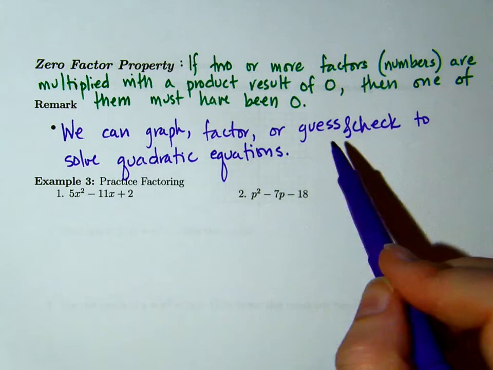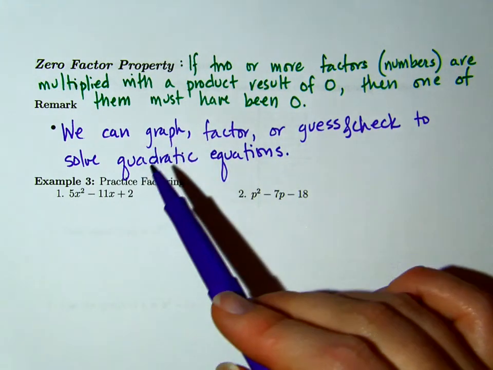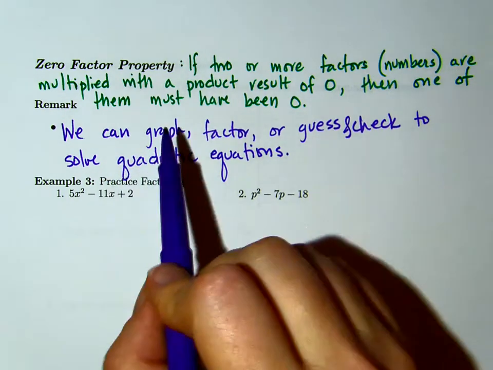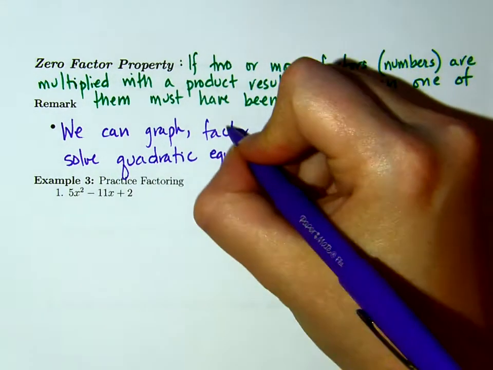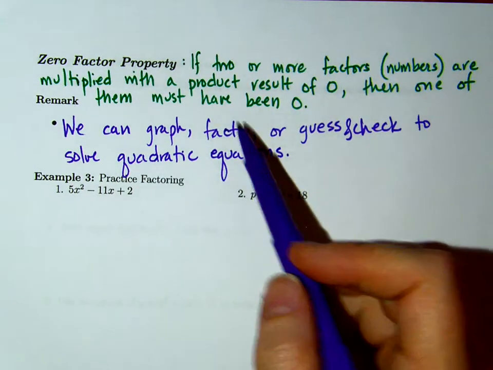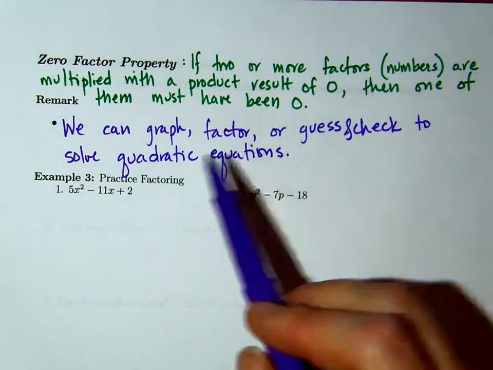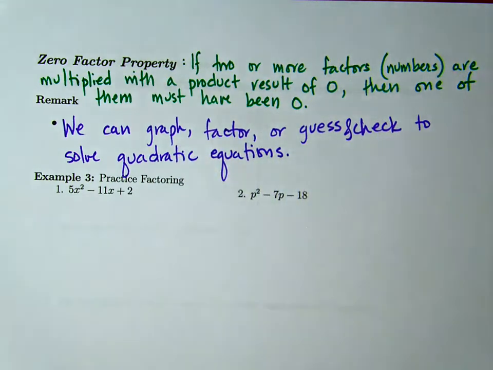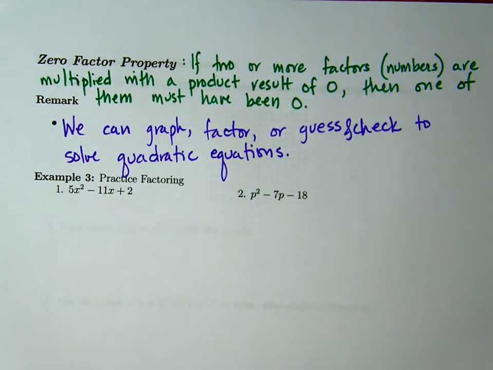So then we were like, you know what? There's got to be a better way. But graphing sometimes takes a long time too. So factoring was developed because it's just quicker, with less writing and less room for error. And then if all of these start to be hard, then we bring out the sledgehammer, and that's the quadratic formula.